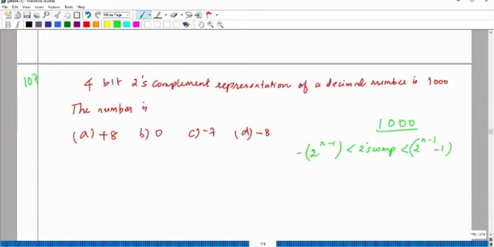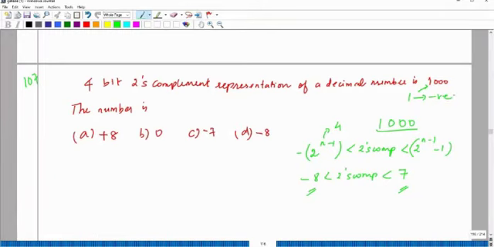Okay, so what is the n here? n is 4. Okay, so we'll get minus 8 to 7. Okay, so this value ranges from minus 8 to 7. So if MSB is 1 it means it is negative.